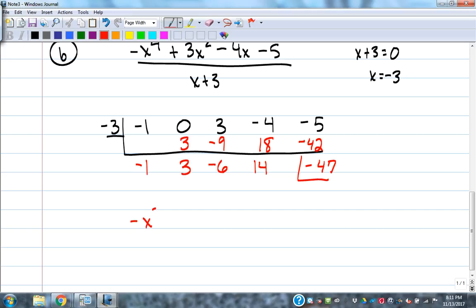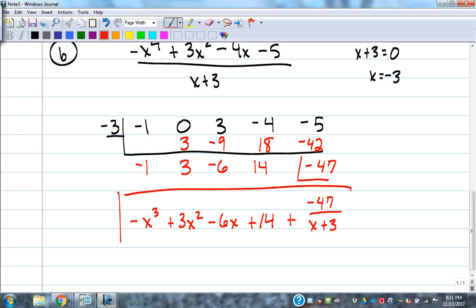So negative 1 x to the third plus 3x squared minus 6x plus 14 plus negative 47 over x plus 3. So will the first power always be less than what you started with? Yes, absolutely. Anytime you use synthetic division, it will always be that.